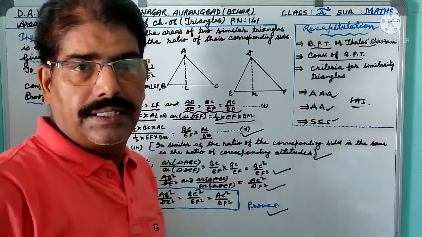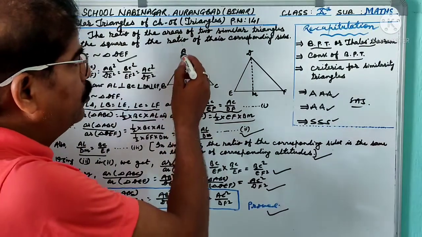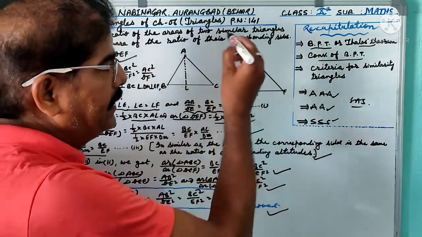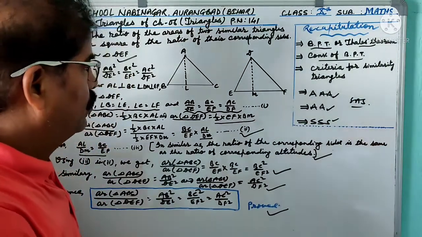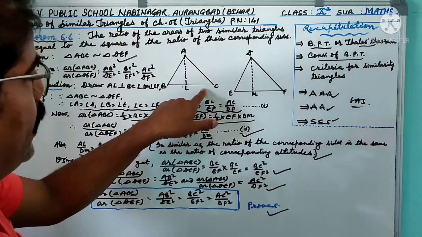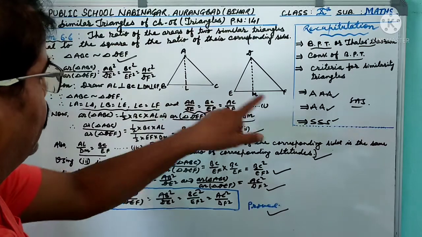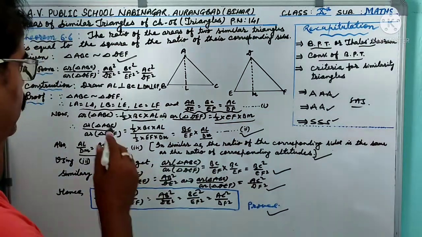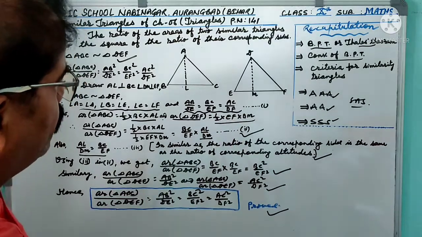Again, a repeat of this theorem. Given that two triangles ABC and DEF are similar, their corresponding sides are in the same ratio. By criteria of similarity of two triangles, all angles are equal and their corresponding sides are in the same ratio.